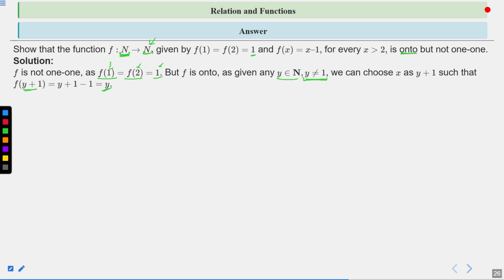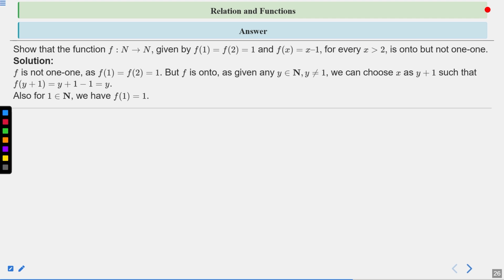Because 1 is already associated, as you can see, with 1 and with 2. That's the reason we excluded 1 here. Clear? If you observe, the codomain set and the range set are the same. In such a case, you will say that your function is onto.